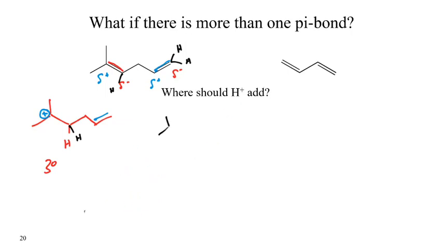Which means if we look at our product, we just see that one product. And we would end up with this guy, which could then go through its chemistries. You might say, well, we've got a carbocation. Shouldn't we be thinking about rearrangements? Yes, we should, but it's a tertiary carbocation. There's no easy rearrangement that would actually make it more stable.